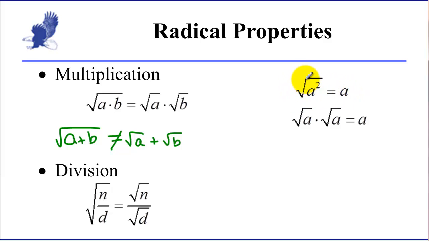So square root is the inverse operation of squaring something. And if you've got the square root of something times itself, that undoes the radical. Using this property over here, square root of a times square root of a would be the square root of a times a, which is square root of a squared, and up here we said that that was a.